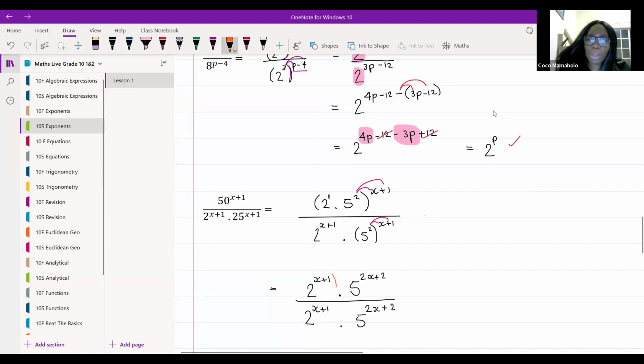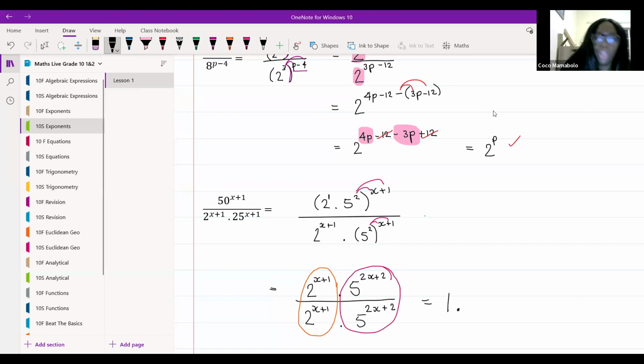What do we notice about these two? 2 to the power of x plus 1 divided by 2 to the power of x plus 1 will give me what? 1 times 5 to the power of 2x plus 2 divided by 5 to the power of 2x plus 2, 1. So now I've got 1 times 1, which means my answer is indeed just 1.